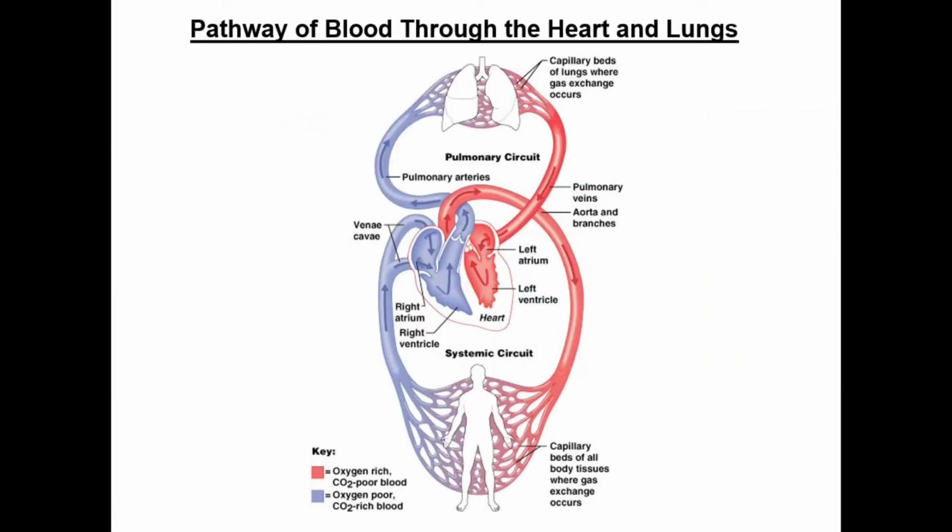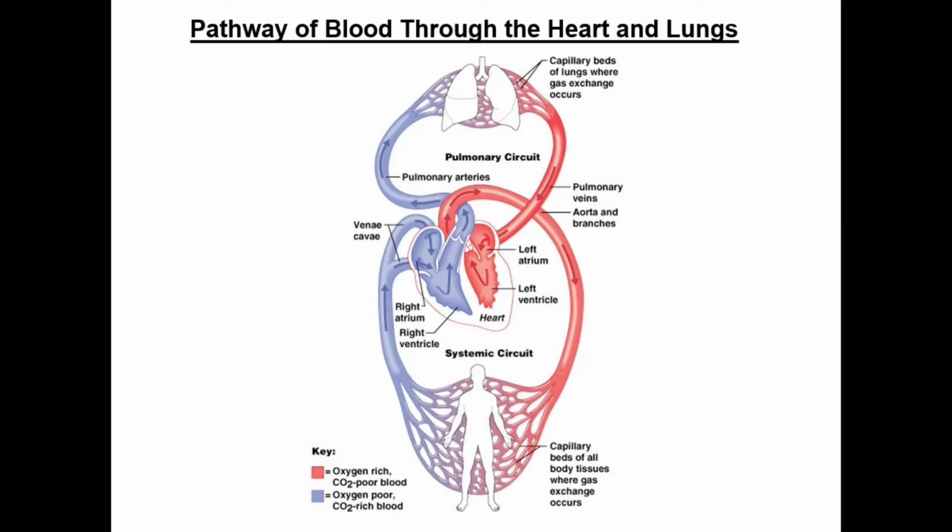The pathway of the blood through the heart and lungs. As we are all aware, the body requires oxygenated blood, whereas the deoxygenated blood is sent to the heart, from the heart to the lungs, and from the lungs to the heart, from the heart to the body, and again from the body to the heart.